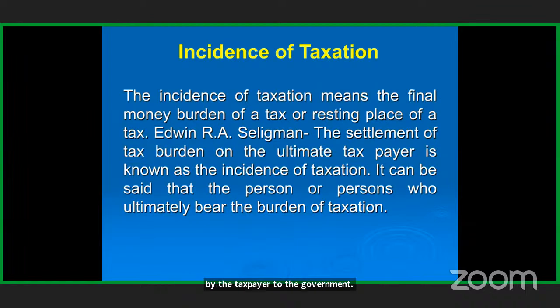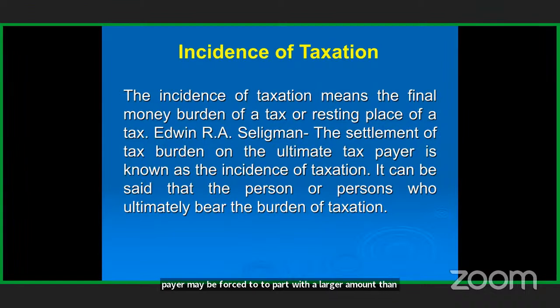The money burden can be either direct or indirect. The direct money burden refers to the actual amount of tax collected in terms of money. Indirect money burden of a tax may arise when a taxpayer may be forced to part with a larger amount than the rate of tax warrants.